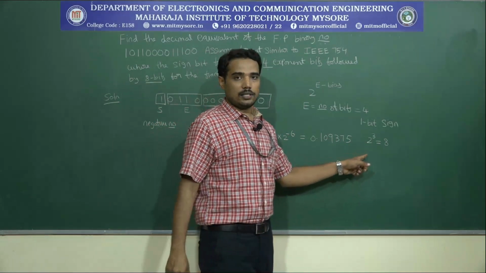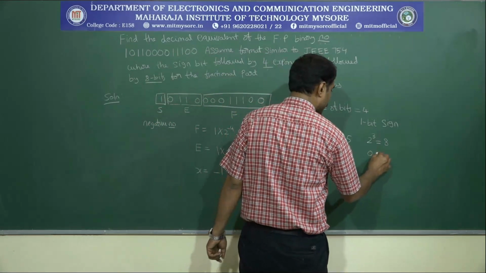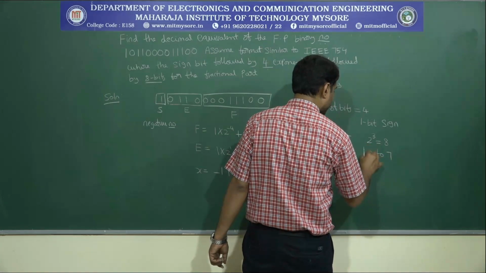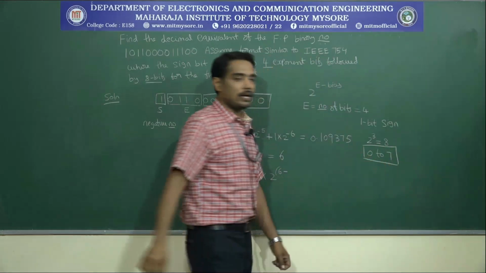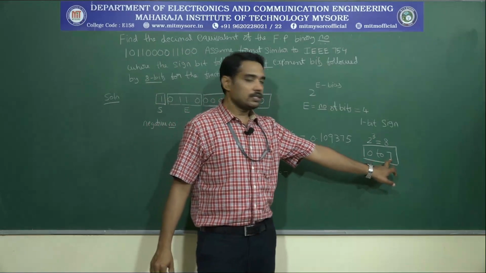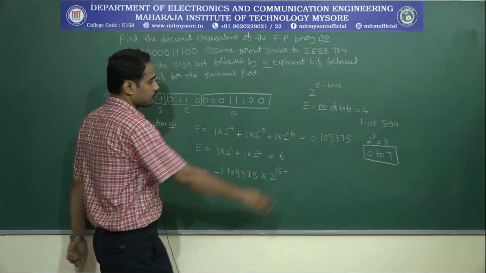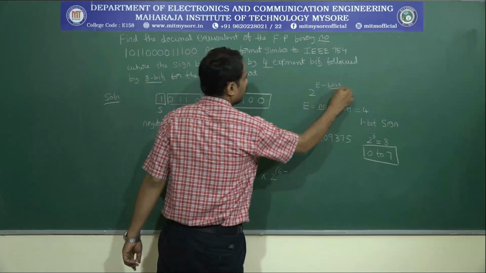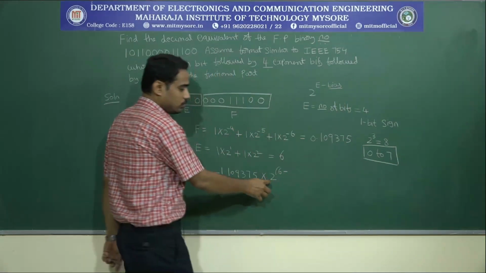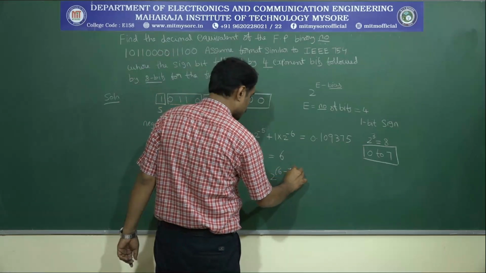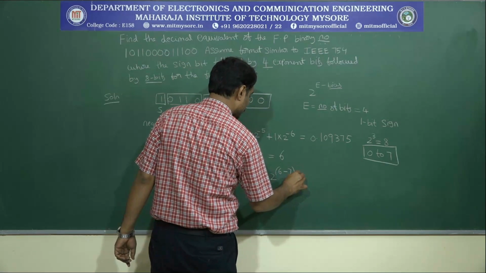But if we start the index from 0, I can write 0 to 7. Which is the largest positive value? 7 is the largest positive value. With this, I can substitute 7 in the bias field. So this becomes 2 power 6 minus 7.